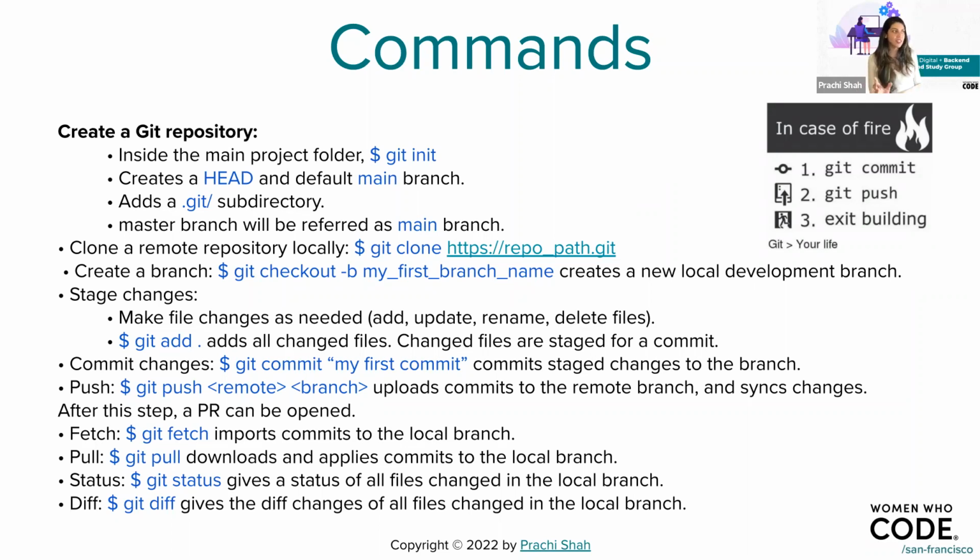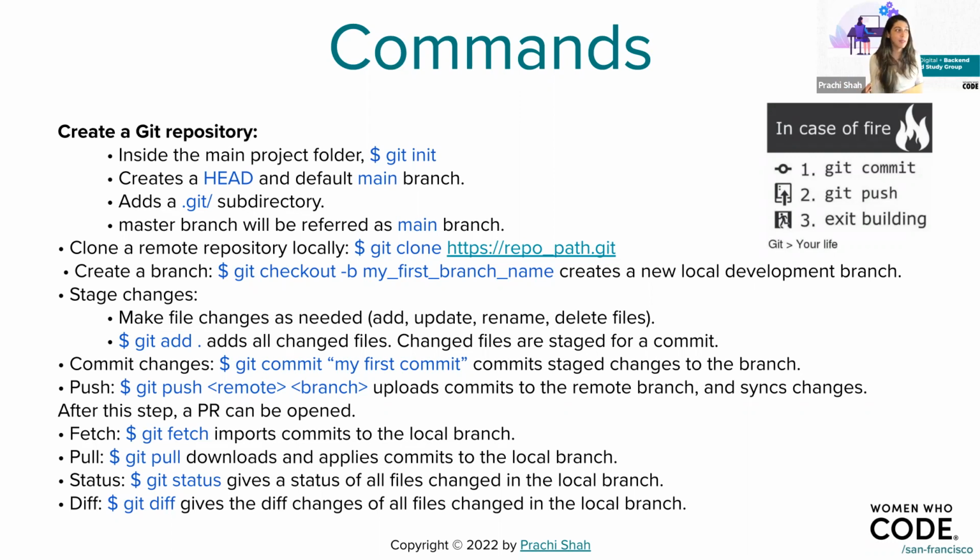Usually it's something like git checkout -b, which means you are creating a new branch off of the main default branch, and then you give a branch name. So it would be like security fix, or adding a new API to do so and so. And this will create a new branch copy out of your main branch in your local workspace for your local development. -b means, again, creating a new branch.